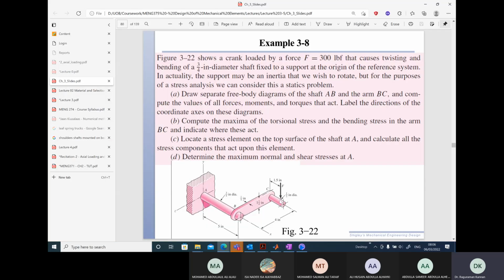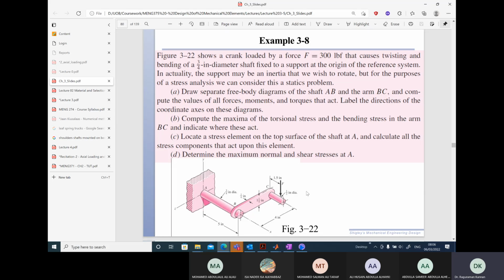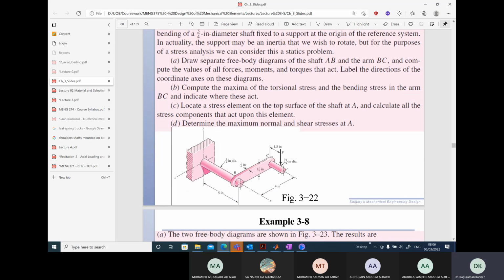Now we will also need the location where the force is acting. Okay, it's important to have this location. So first we know that A is the origin. So if we look at the location, the x component is going to be 5 inches in the x direction plus 1.5 inches here.